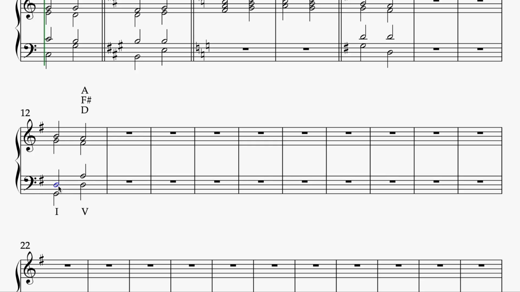Now let me put that back up there. Now look at this, because it's really misleading. Down a fourth, up a fifth. Down a fourth is the inversion of up a fifth, so they're the same thing. Because if I took that A and moved it up an octave, I've got consecutive fifths. So always watch out for that.